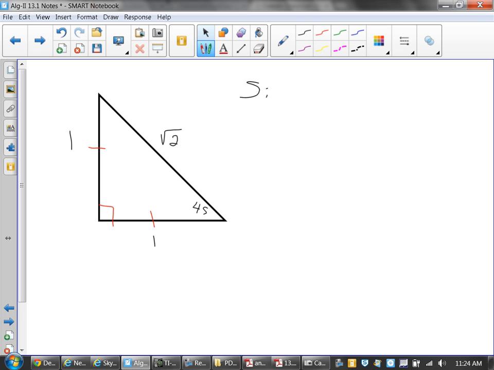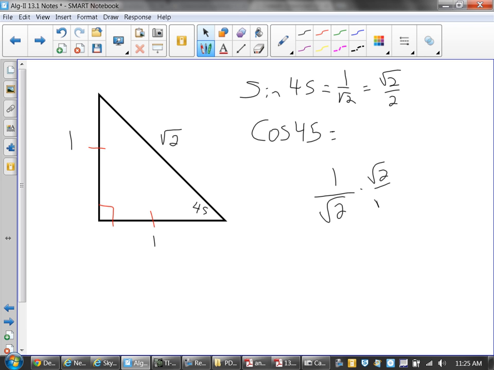So let's do this. What is the sine of 45? You don't need a calculator. Sine is what over what? 1 over root 2. Do we like radicals in the denominator? No, we don't. How do we rationalize that? When you rationalize, remember you're multiplying top and bottom by the square root of 2.